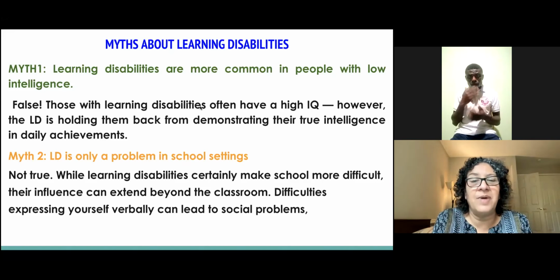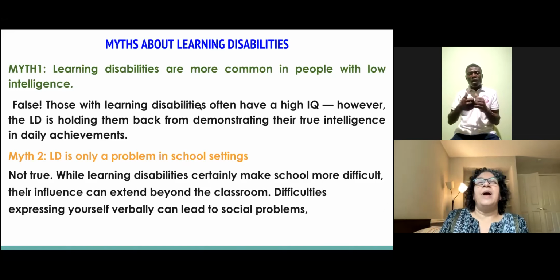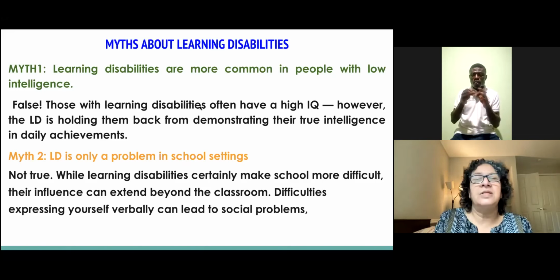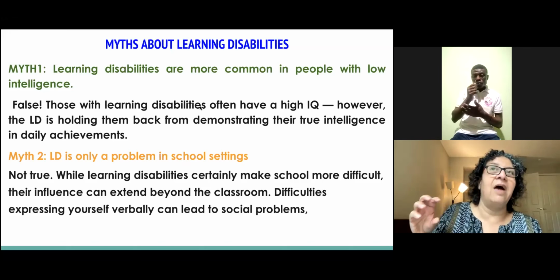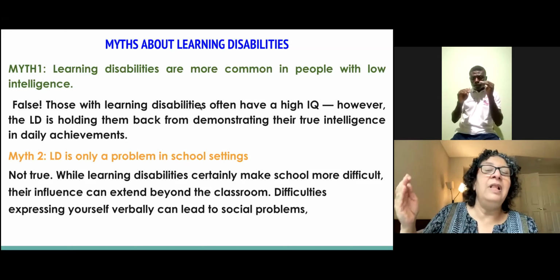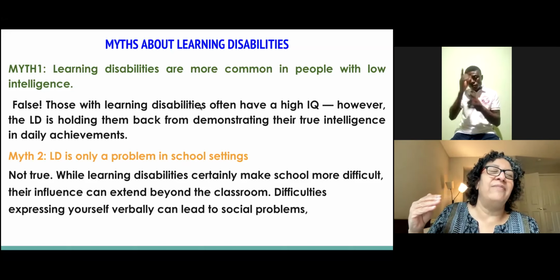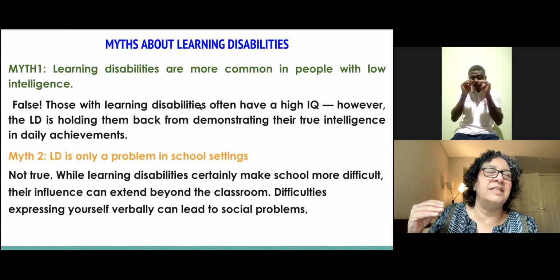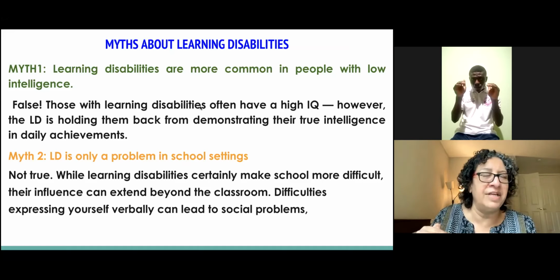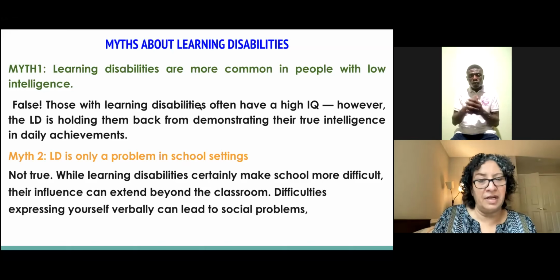By definition, students with learning disabilities have average to above average intellectual level, and still, besides having average to above average intellectual capacities, they struggle in reading and writing or doing math. So it's not related to intelligence.